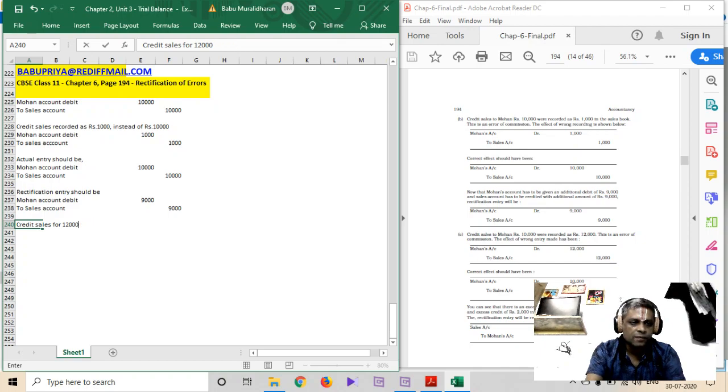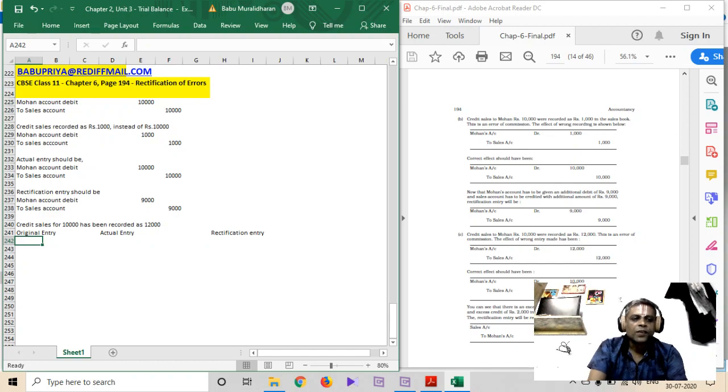Let's put down the original entry, the actual entry, and the rectification entry. The original entry is Mohan account debit 12,000, sales account credit 12,000. And this is what has got processed.